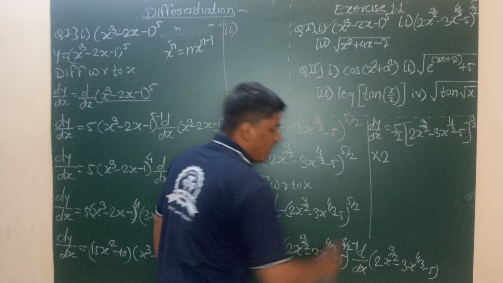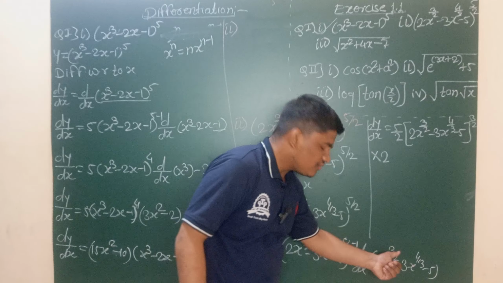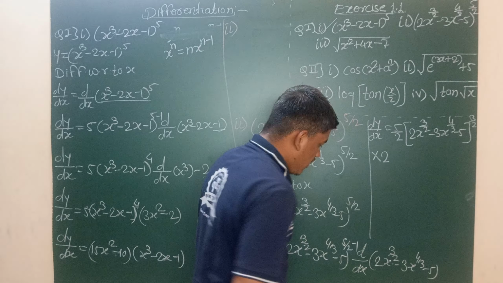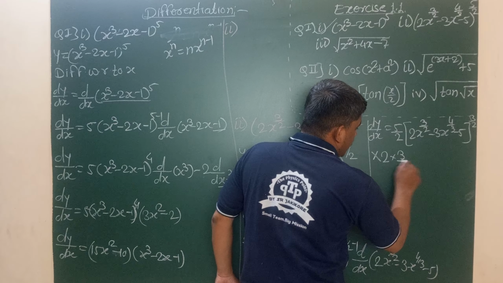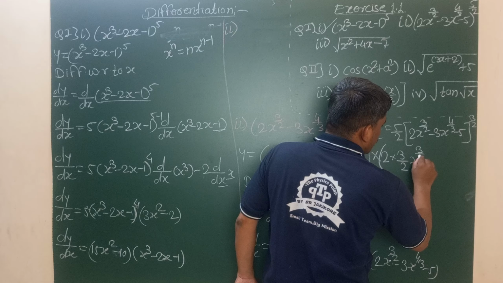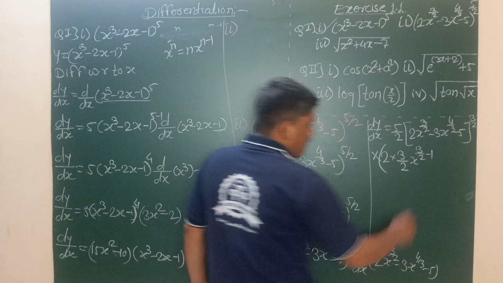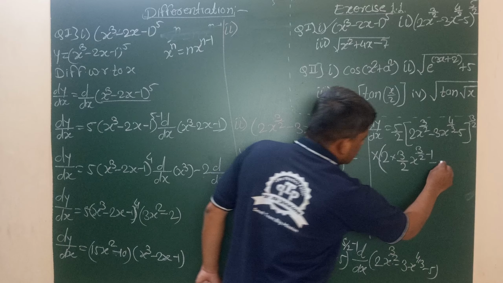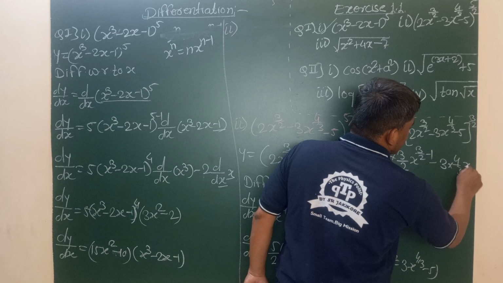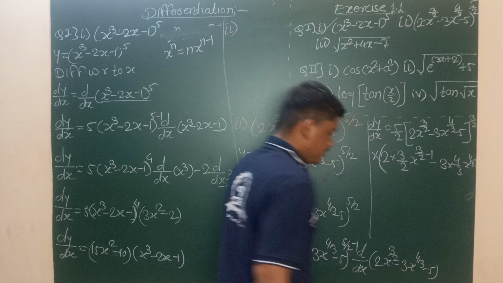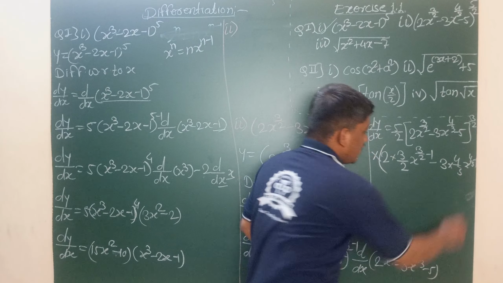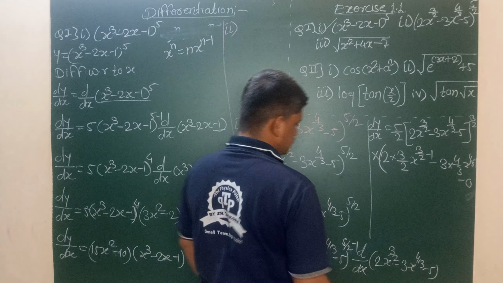Again we use the same formula, n into x raised to n minus 1, that is 3 by 2 into x raised to 3 by 2 minus 1, minus the second function, 3 as it is, into 4 by 3 into x raised to 4 by 3 minus 1. We know that differentiation with respect to x of any constant is 0, that's why minus 0.